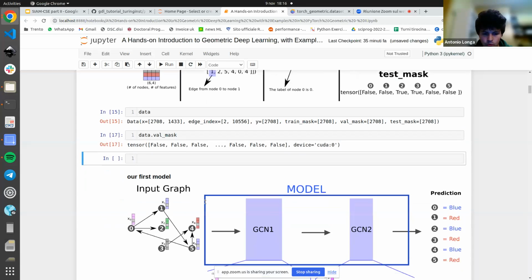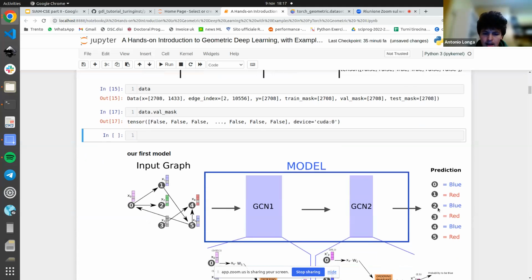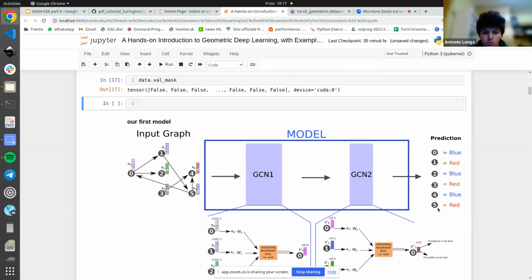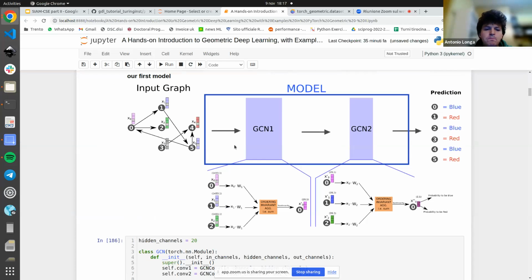So it's time to move to the model. Back again to this simple toy graph sample, how is it going to work? We have our graph, a first convolution, a second convolution, and the prediction. It's quite simple and straightforward. Let's zoom in a little bit on the first convolution. Suppose that we would like to learn a representation for node 0, and we call this representation x prime of 0.